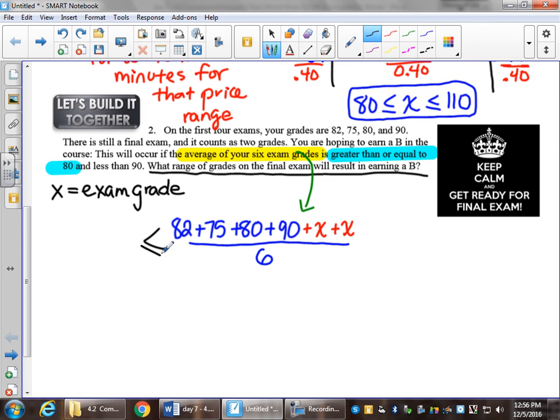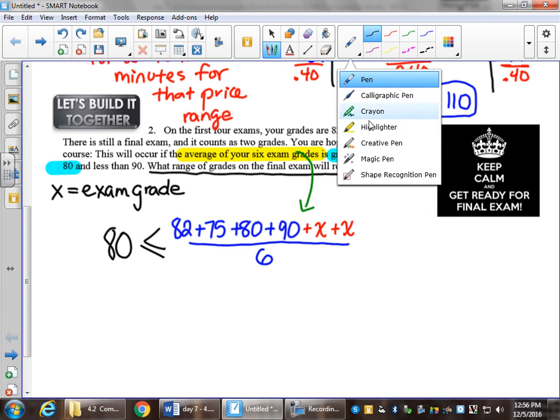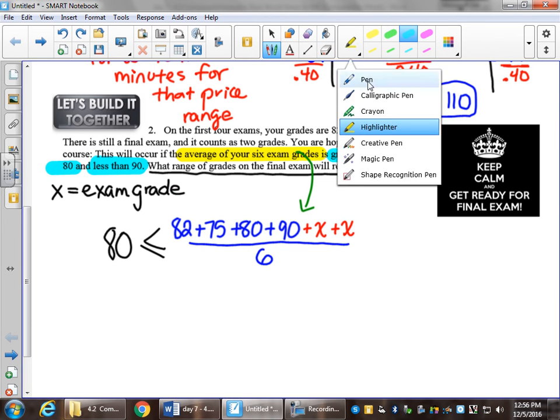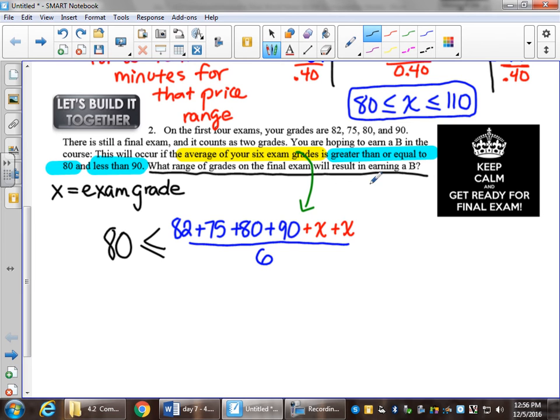Greater than or equal to 80. How about the right side of this compound inequality? It says less than 90. So again, pause, and then how would you write this side? We're going to say less than 90.